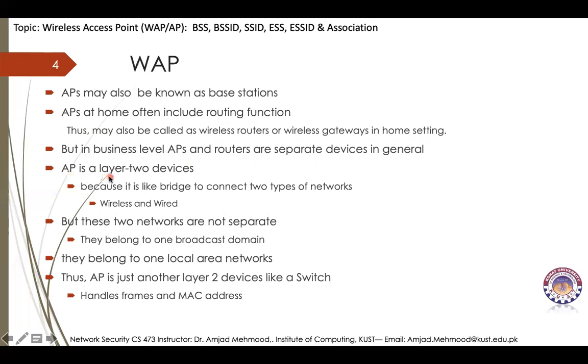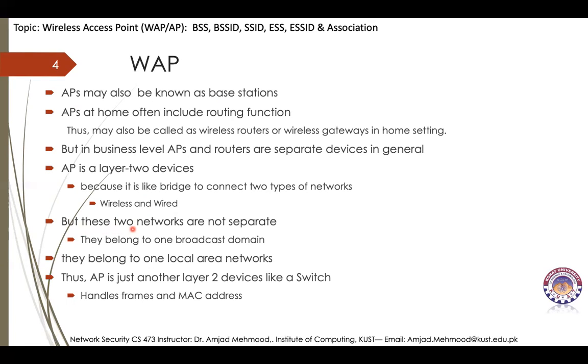An access point is a layer 2 device, because it acts like a bridge to connect two types of networks, wireless and wired. Actually, this is a bridge between wireless and wired. So above the access point we have a wired network, and below that access point, where your actual devices are used, they are connected wirelessly.